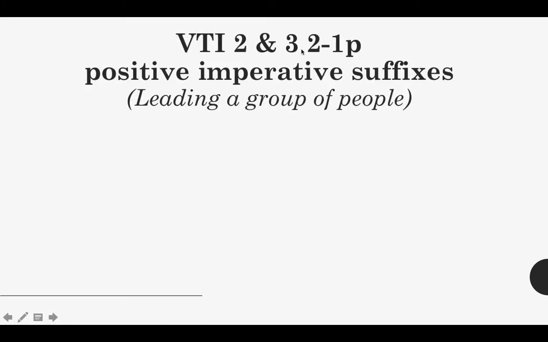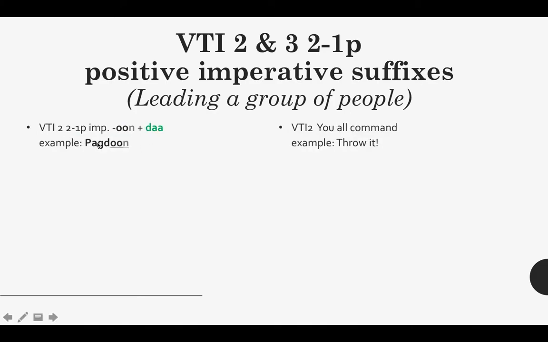Now VTI 2 and 3s, 2 to 1, so we're leading a group of people again. So again, we're going to be using pugdon as our verb, and the N has been grayed here. So we're going to replace that N sound with our suffix da. So our goal to translate here is let's throw the ball.